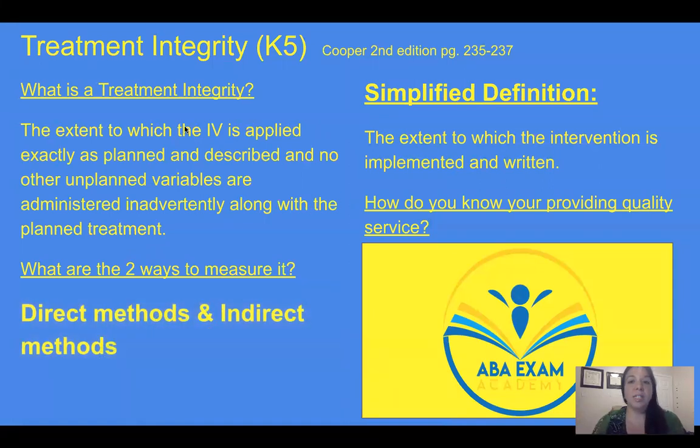So a simplified definition of treatment integrity is, because the other definition is straight from Cooper, this is basically, I broke this down. So it's the extent to which the intervention is implemented and written. So basically that's all it is. You're basically going into detail, looking at the information that's implemented and written to a certain degree. You're making it very detailed, okay?